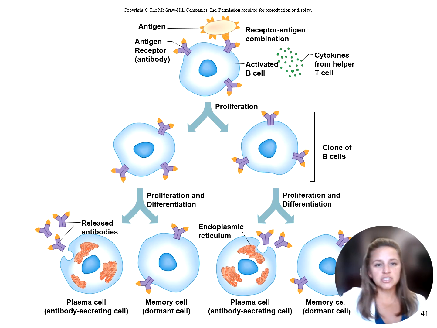Here's another picture showing the recognition of the antigen by the antibody. So this is the antibody. They're calling the antibody here the antigen receptor, but this little Y-shaped thing here, this is a picture of an antibody. In this case, this is an IgG antibody, and we'll look at some of these in more detail.